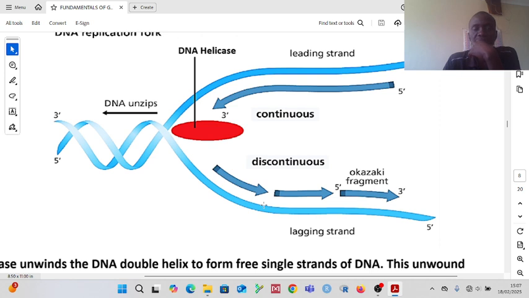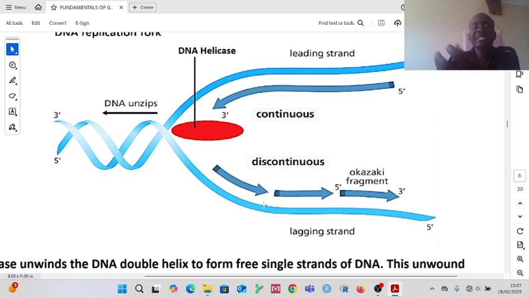Okay? So we will have now replicated or copied our DNA. So that is DNA replication. Of importance is that this is happening inside our cells. So we call it in vivo. In vivo. Okay?